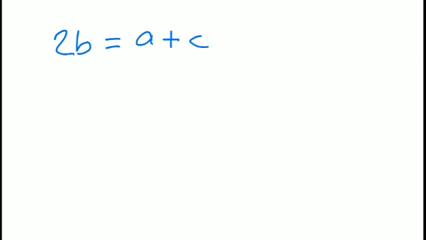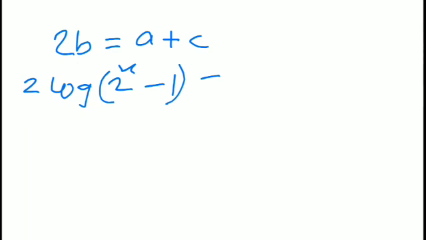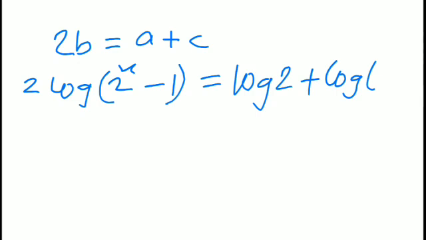ठीक है, तो यहाँ पे मेरा 2B जो है वो होगा 2 log 2 to the power x minus 1 is equal to log 2 plus log 2 to the power x plus 3. ठीक है, now this is log a plus log b.